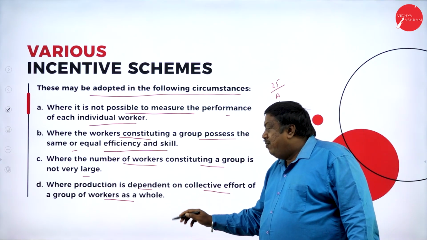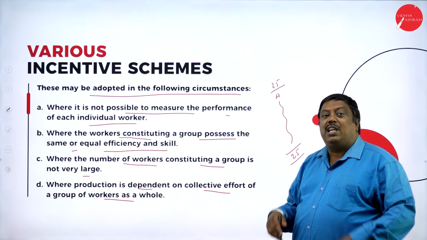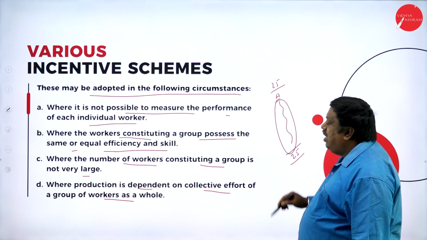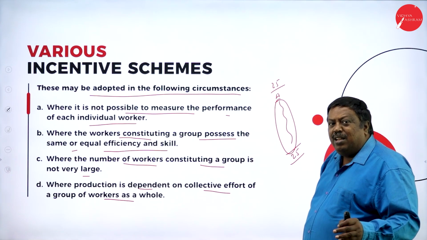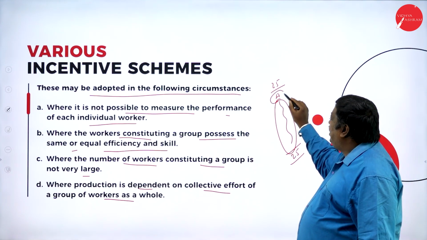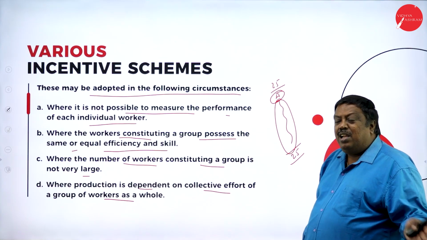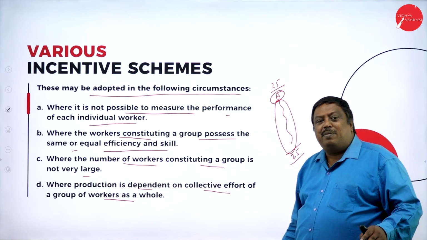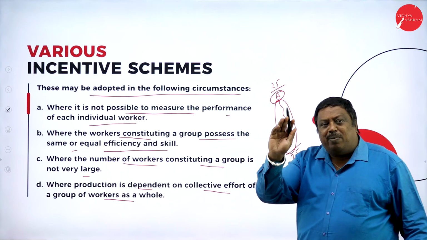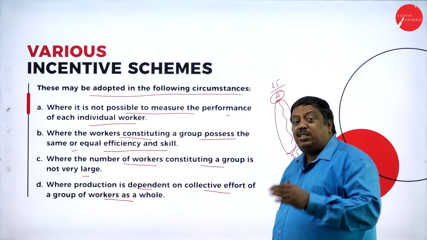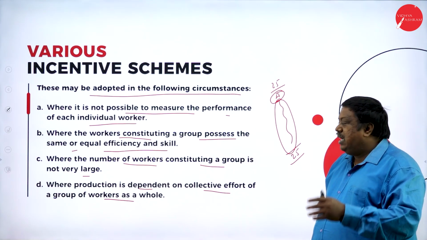Where the organization is totally dependent on these employees, definitely they have to pay what they pay the first person. They can't say, based on your efficiency and involvement, I'm going to pay. They'll say goodbye and not work in the organization. This should not happen in the organization.